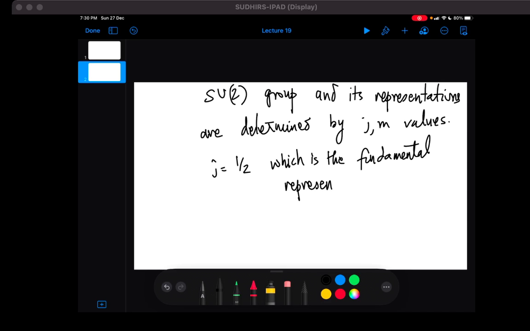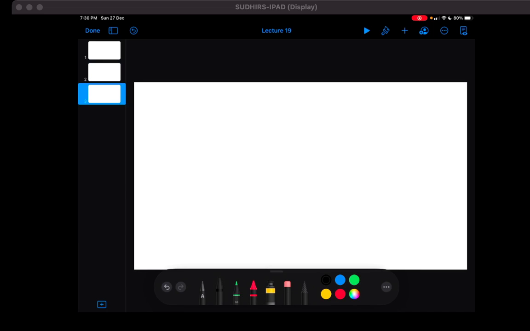J equal to half is a spin half representation, J equal to 1 is a spin 1 representation, which is also called the adjoint representation.